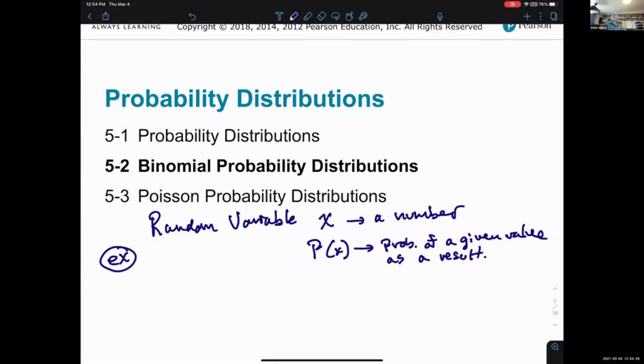So in my example, which is an example that I gave in the introduction to 5.1, let's say you're going to roll a die and you're going to see what number you get. So then I could say let x equal the number on the roll of a die, and p of x would then be the probability of getting that number.